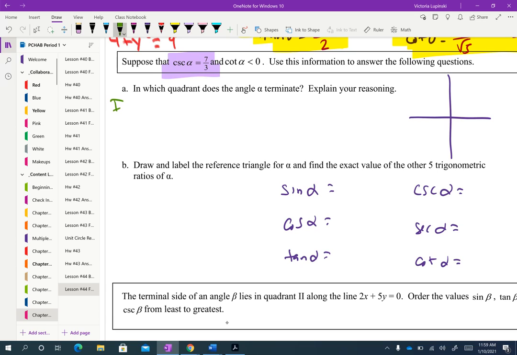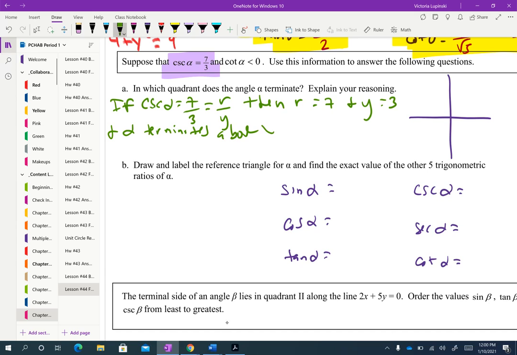So if the cosecant of alpha is equal to 7/3 and a cosecant is equal to an r over a y, the fact that they are both positive tells us that r is equal to +7 and y is equal to +3, and alpha terminates above the x-axis.